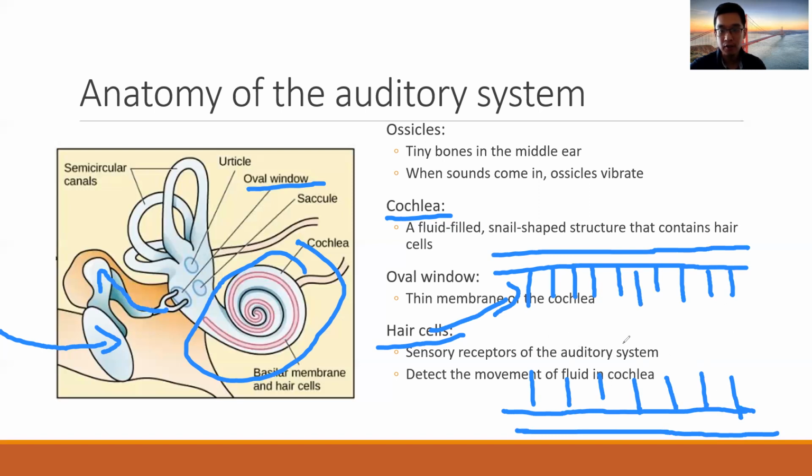When the fluid is shaking, vibrating, moving, the hair cells are also moving with the fluid in the cochlea. So when each of the hair cells is moving, the hair cells are activated. They start to transfer this information into signals in the neurons. So that's how we hear the sounds.